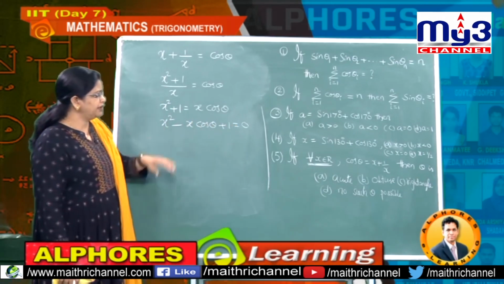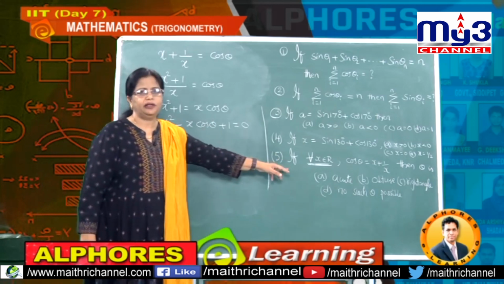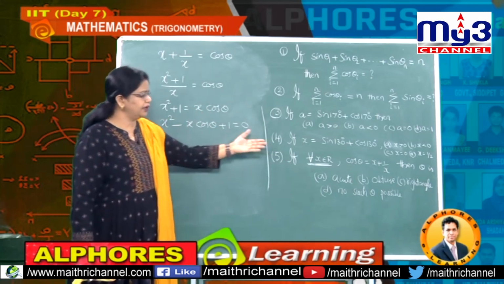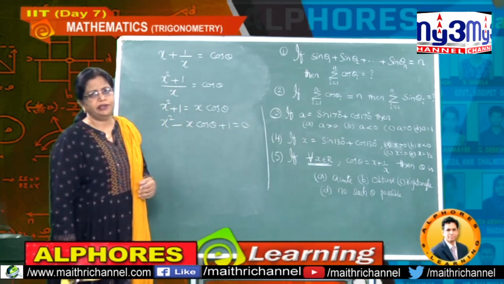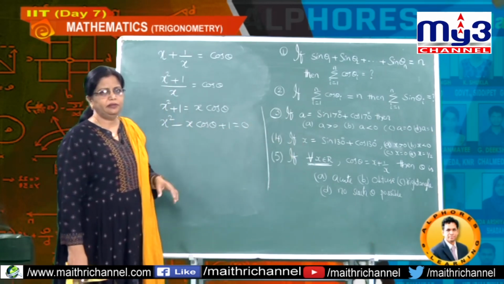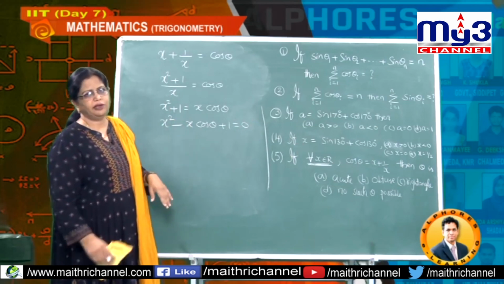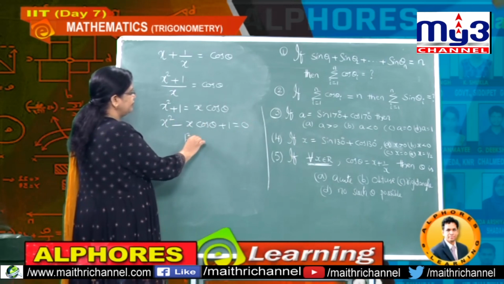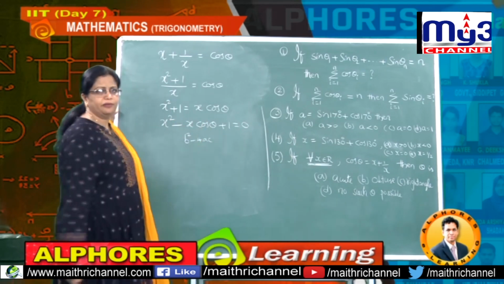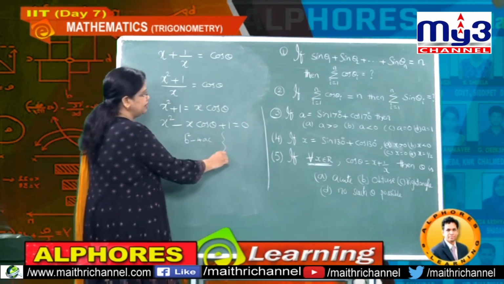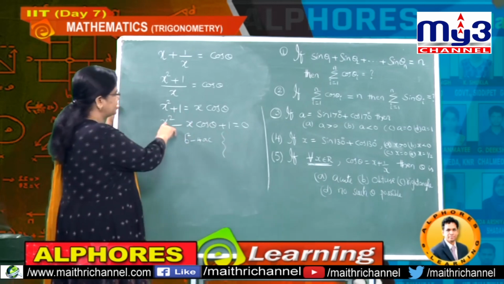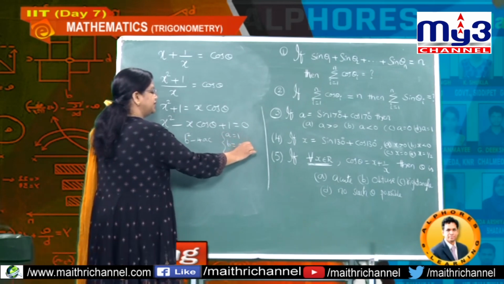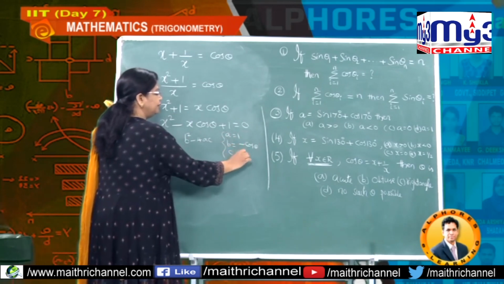Now, to find x, they said real number and you got a quadratic. They said real number, that means the discriminant must be greater than or equal to 0. So I am taking the discriminant, that is b square minus 4ac. You know very well, all students, about quadratics: the x square coefficient a is 1 here, b is minus cos theta and c equal to 1.